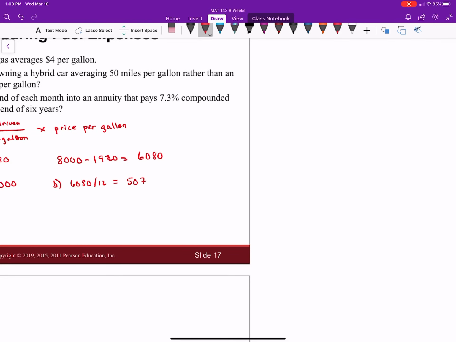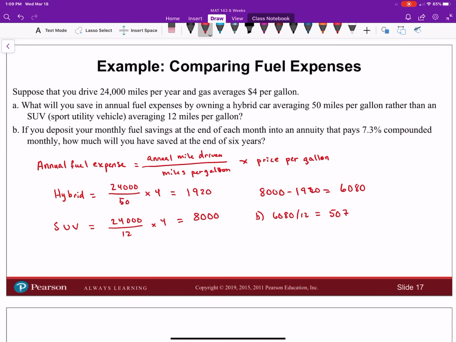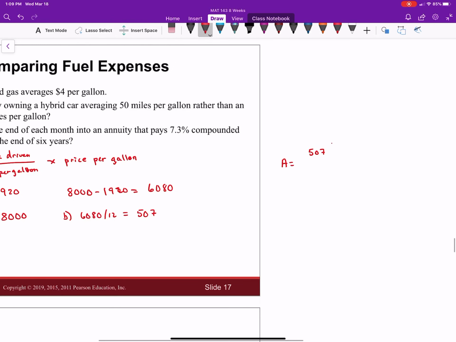So annuity is equal to 507 times, which you remember is the bracket, and then parentheses 1 plus 0.073 over 12, parentheses.